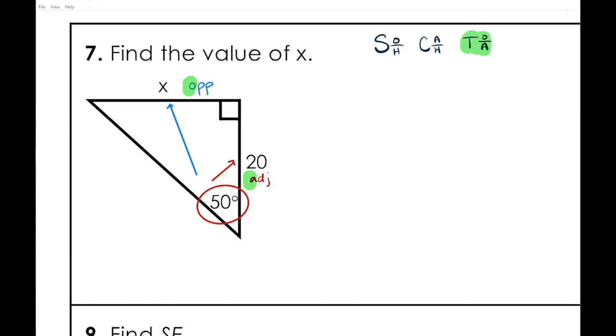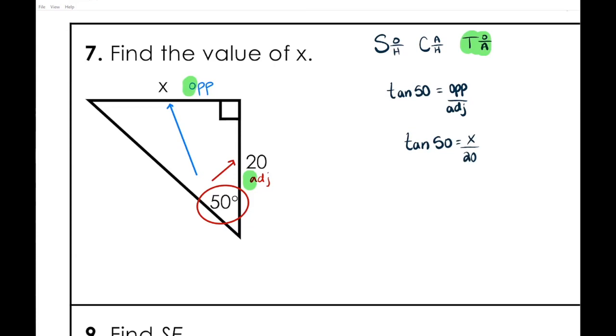So we're going to take tangent of the angle. So tangent of 50 equals opposite side over adjacent side. So tangent of 50 is opposite x over adjacent 20.